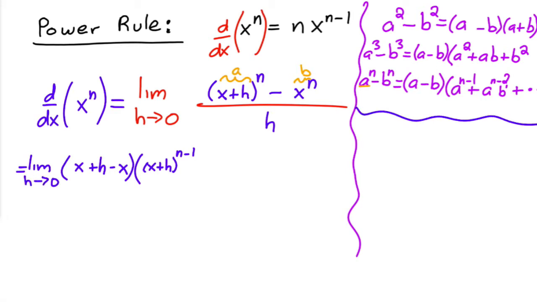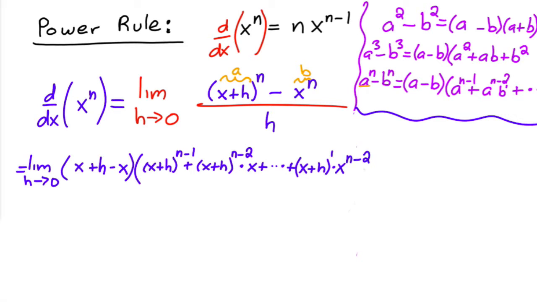And let me erase this right here. Okay, so then if we continue, we would get (x plus h) to the n minus 2 times b, which is x to the 1, and then plus dot dot dot plus (x plus h) to the 1 times x to the n minus 2 plus x to the n minus 1.